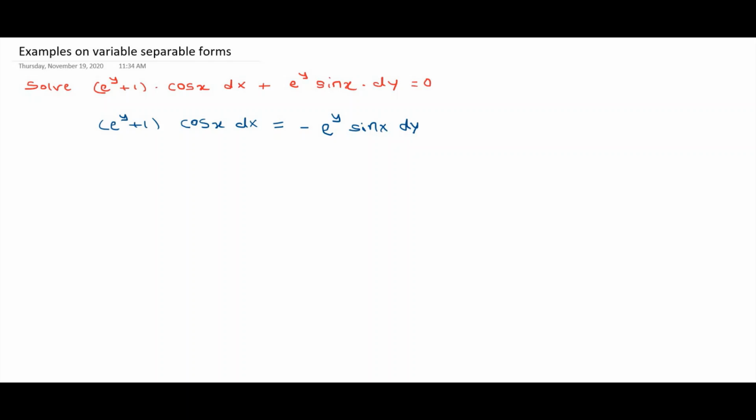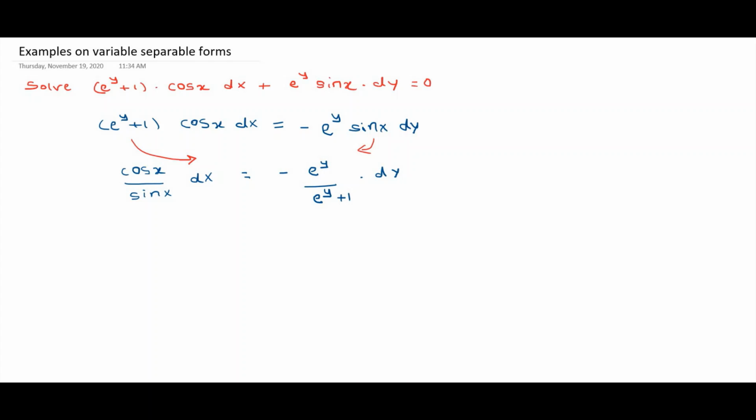Now collect the terms containing x and dx on one side means transpose this term to the right hand side and this sin x to the left hand side. What we get? We get cos x divided by sin x into dx is equal to minus e raised to y divided by e raised to y plus 1 into dy.